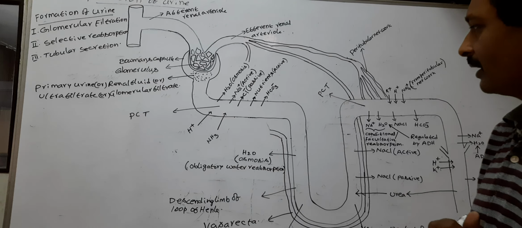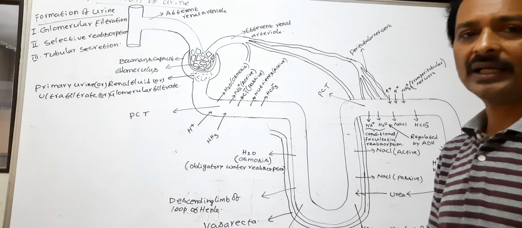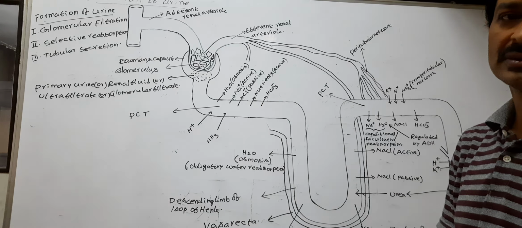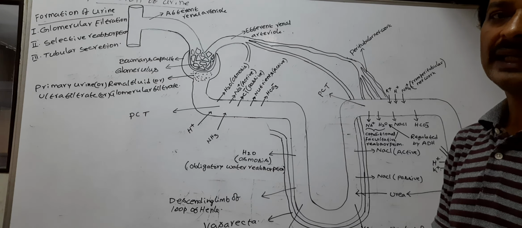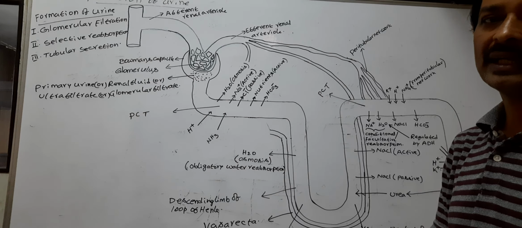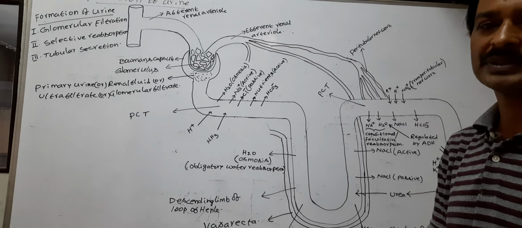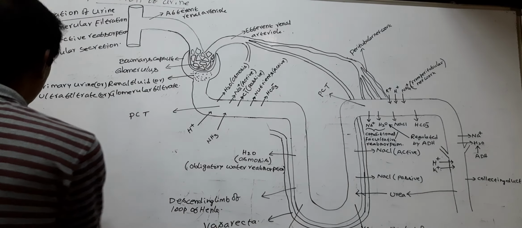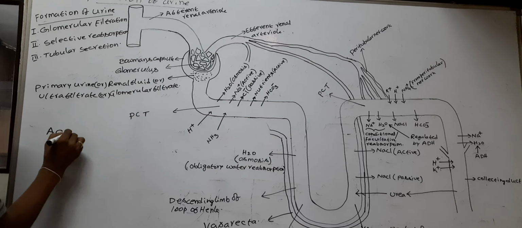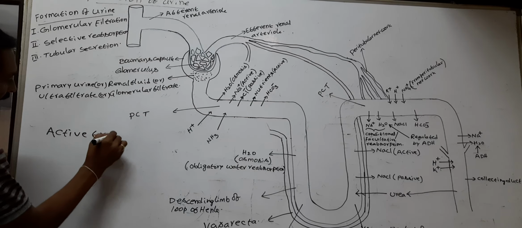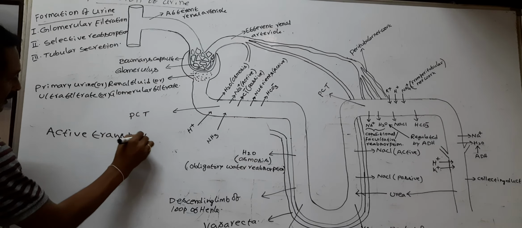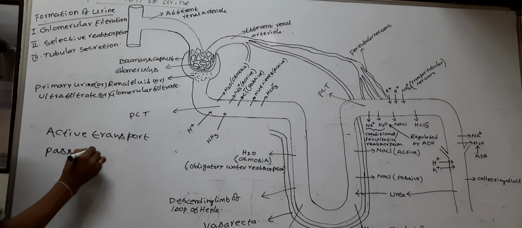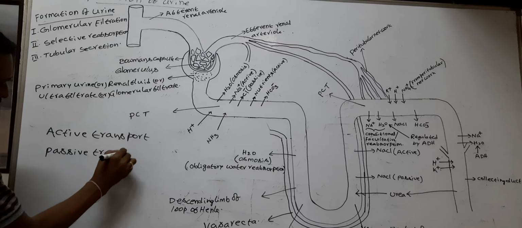The epithelial cells of the wall of the nephron reabsorb the essential substances either by active transport or passive transport.